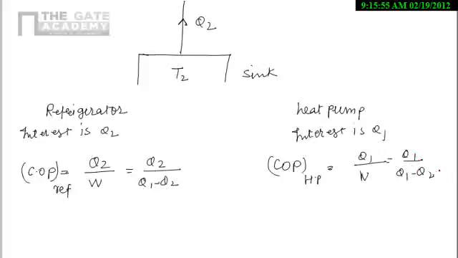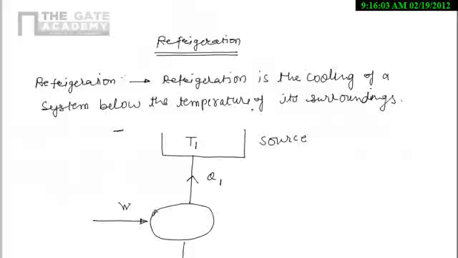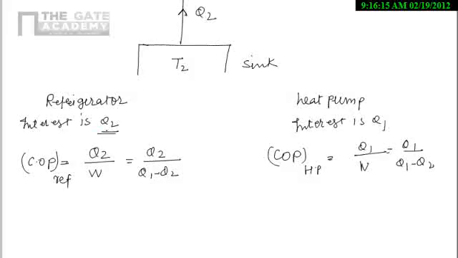This is the basic difference between the refrigerator and heat pump. But remember, the cycle I have shown is the same cycle which can be used for refrigerator and heat pump. Only our interest differs. In a refrigerator we are interested in Q2, but in a heat pump we are interested in Q1.